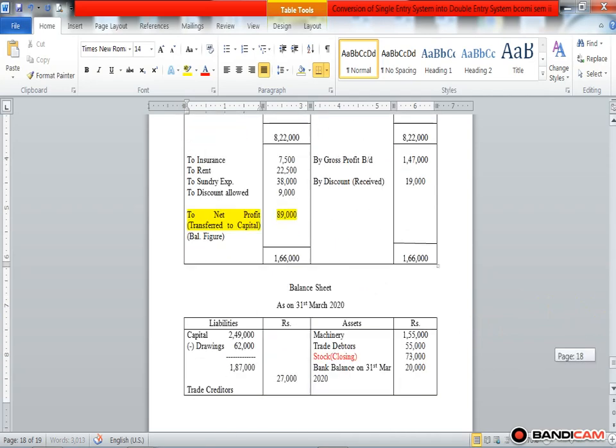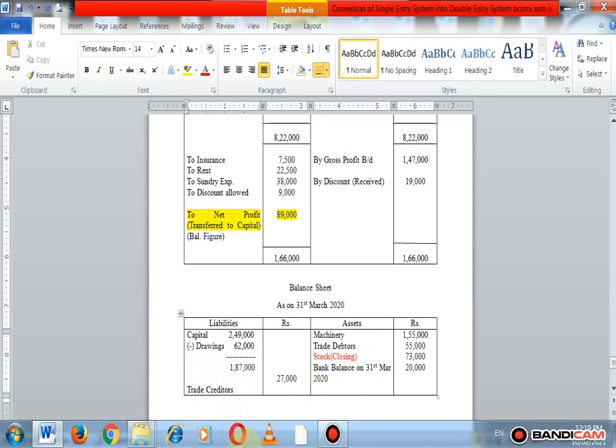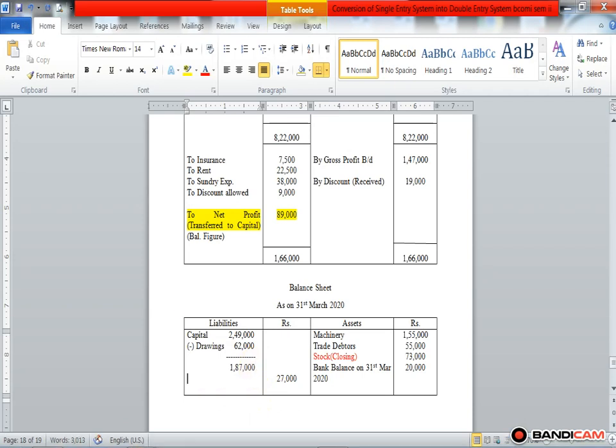It means net profit is added to capital, and net loss is deducted from capital.